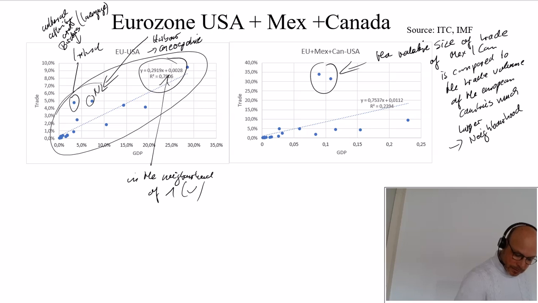So to speak, dimension classical, distance and borders due to US, I say still, USMCA.